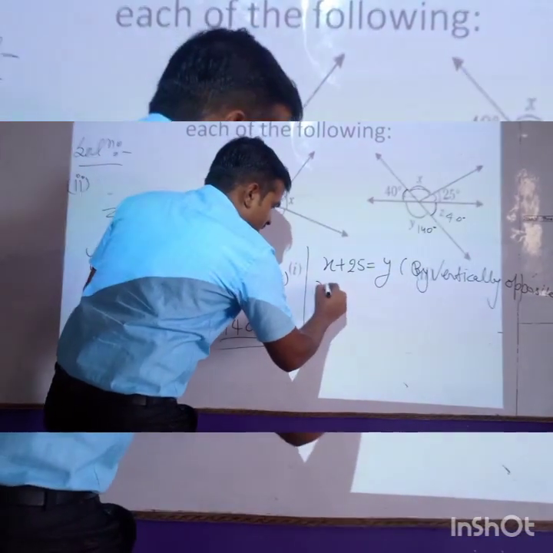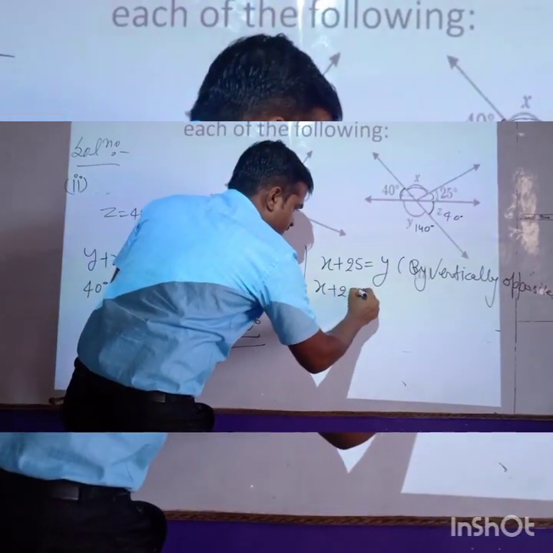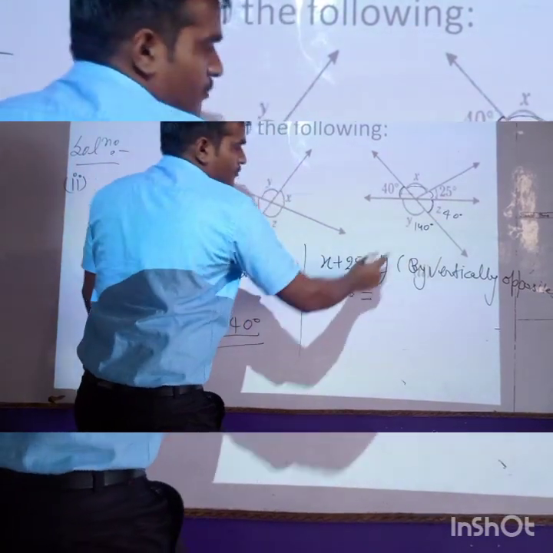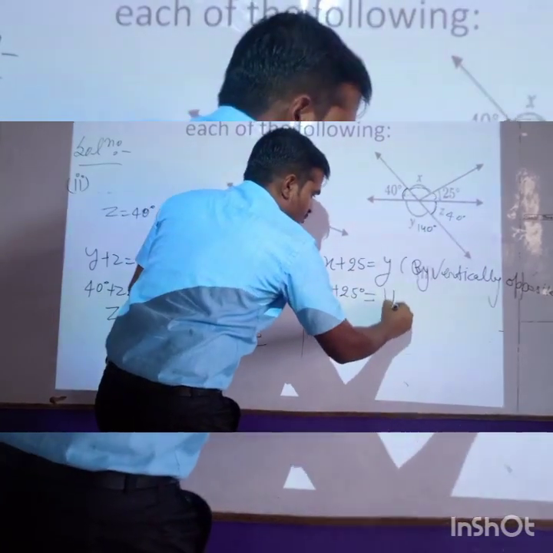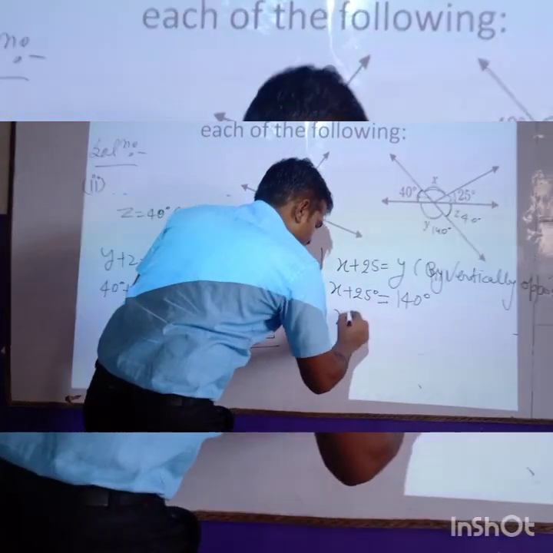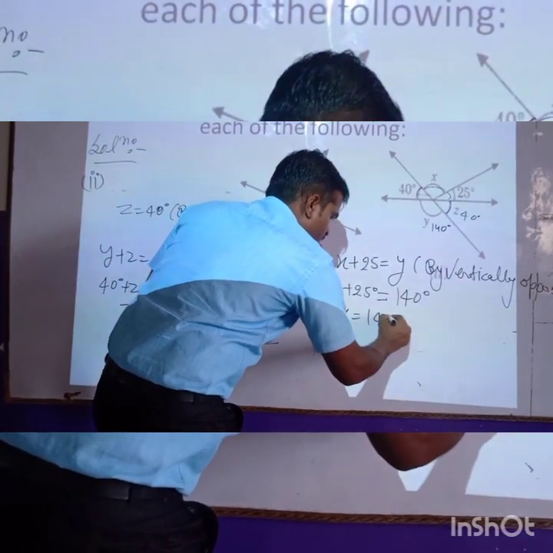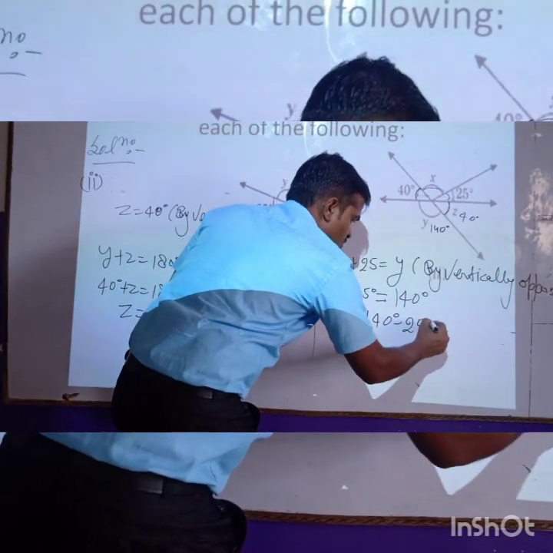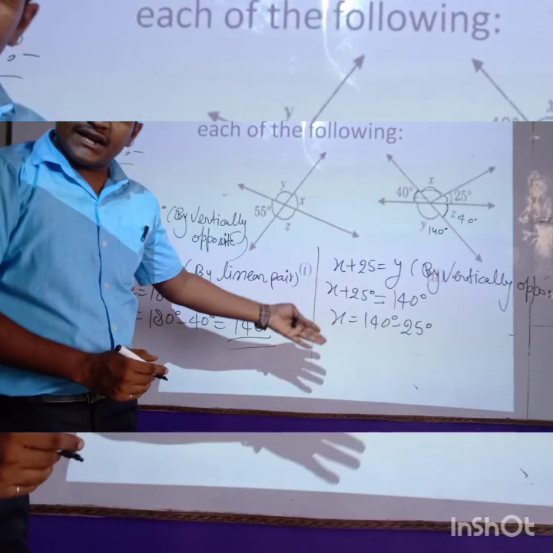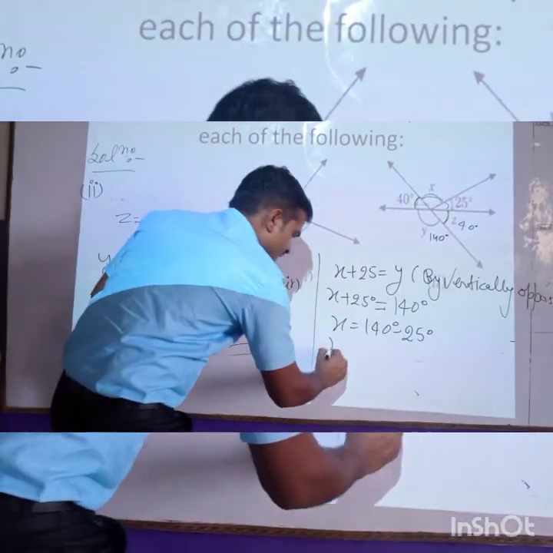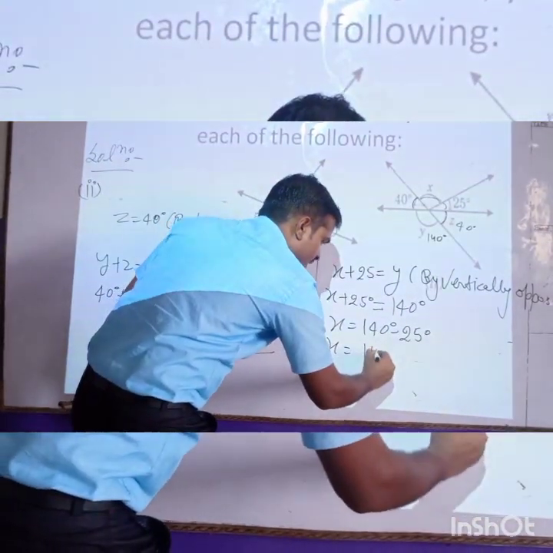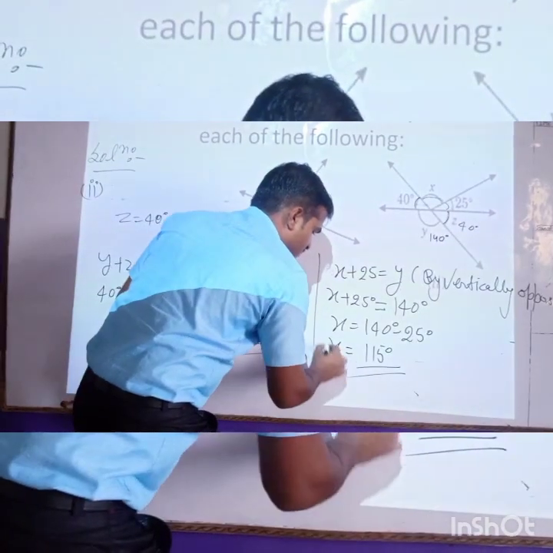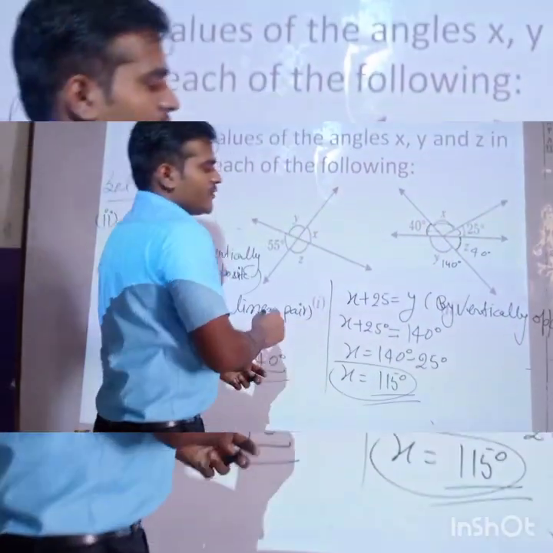So angle x plus 25 is equal to angle y, and the value of y is 140 degree. Now x is equal to 140 degree minus 25 degree. When we subtract it, we get x is equal to 115 degree. So what is the value of x? That is 115 degree.